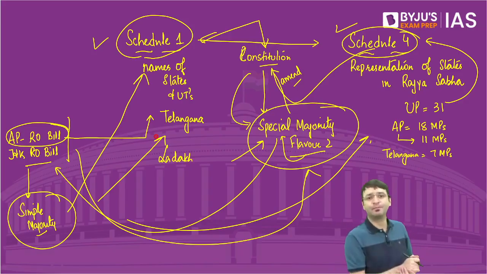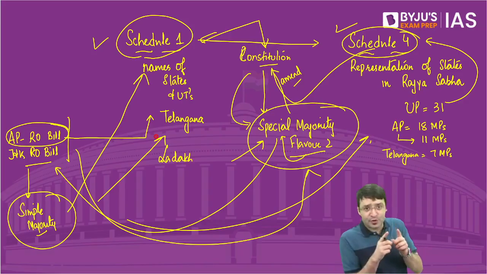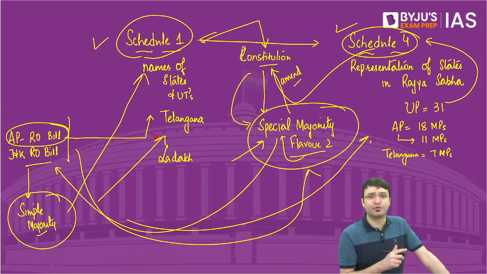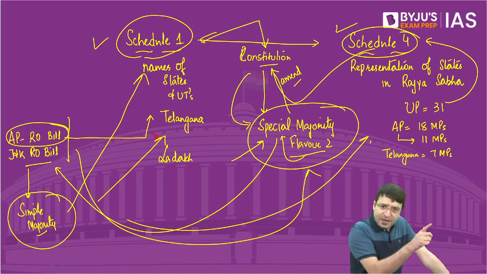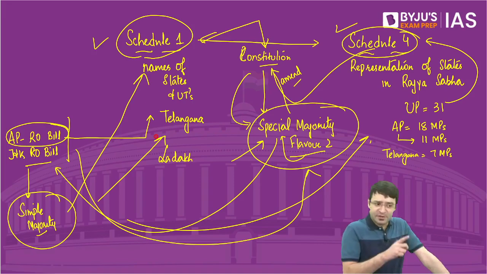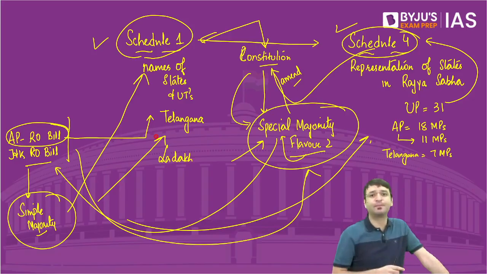states as well. Why? If the parliament wants to amend a federal feature of the constitution, it requires flavor 3 of special majority, which means you need ratification by more than half of the states as well.